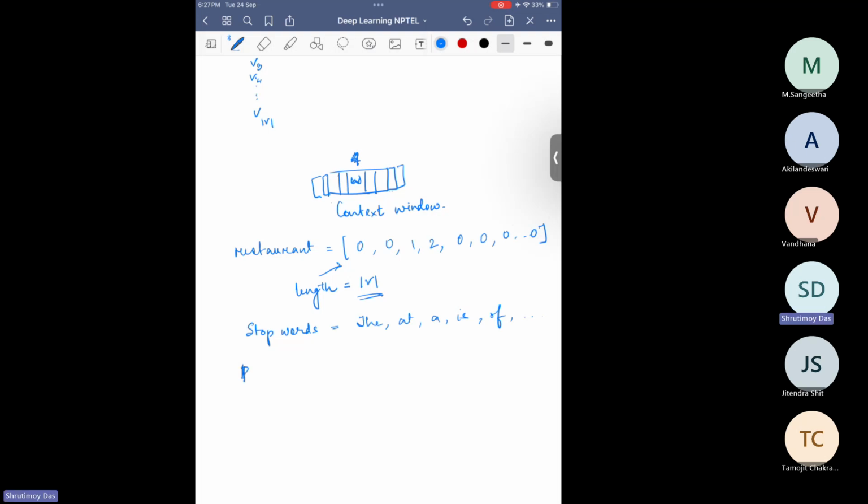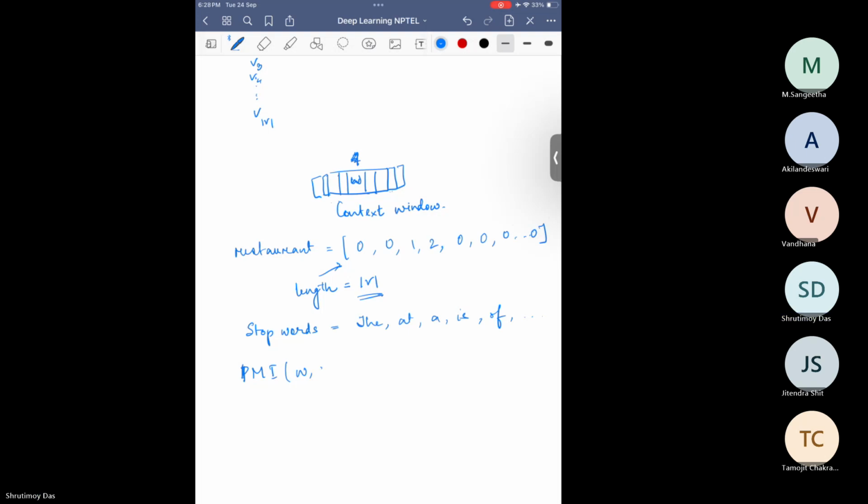This is called pointwise mutual information. It gives you a score of how close or how correlated your words are.